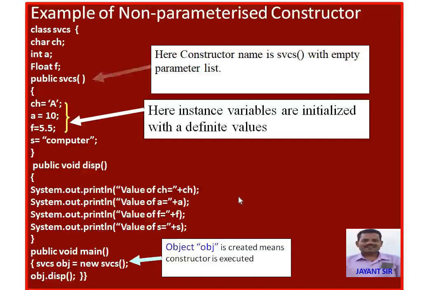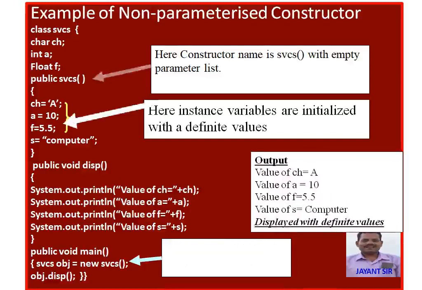Observe what happens. The output that comes is: value of ch equal to a, value of a equal to 10, value of f equal to 5.5, value of s equal to computer.